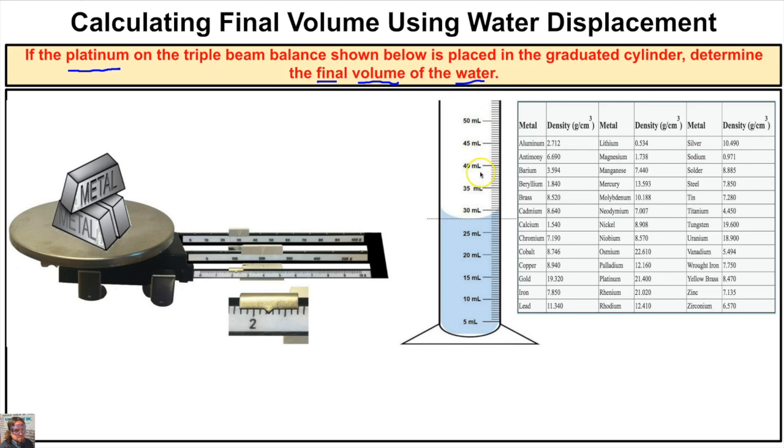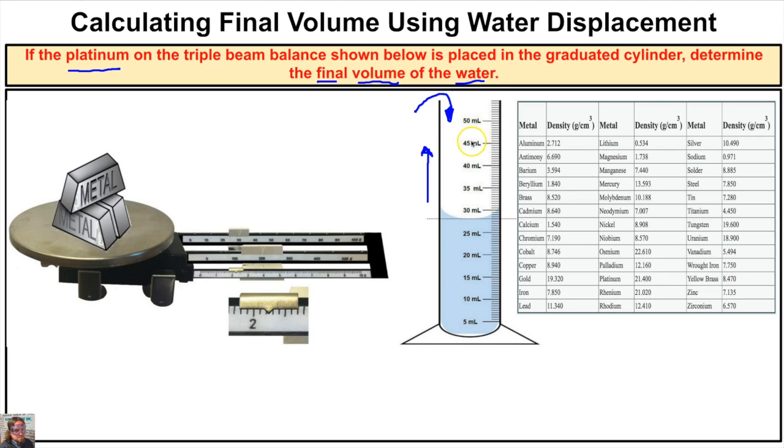So let's think about this. We have a graduated cylinder here, and in this graduated cylinder, there's an initial volume of water. We're then going to take this piece of platinum metal, and we're going to put it inside of this graduated cylinder. And what's going to happen to this water level? The water level is going to rise to a certain volume.